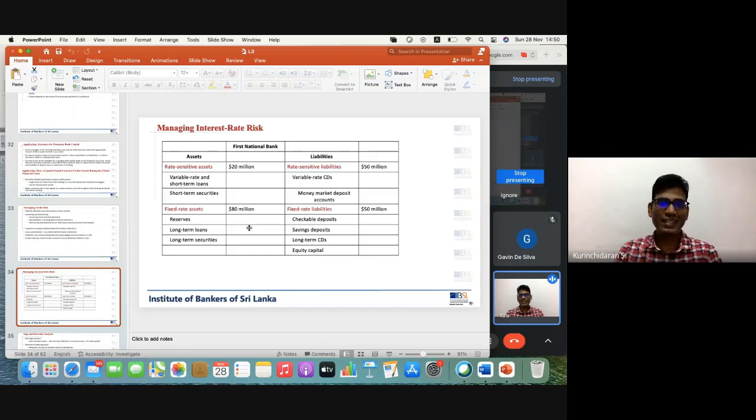When you say rate-sensitive assets, that means maybe floating rates. There can be two kinds of assets. One is variable rate. That means when you give the loan, you fix the rate as floating, let's assume AWPLR plus 2%, and every quarter you are going to reprice it. Right? So every quarter it will be repriced.